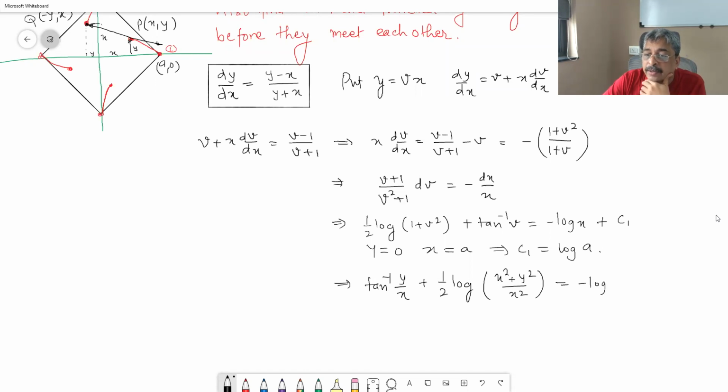So for all practical purposes, you have log at 3 places and tan inverse y by x at 1 place. So therefore tan inverse y by x is equal to log a upon radical x square plus y square. I am jumping a few steps, but then you can deal with this and get it.